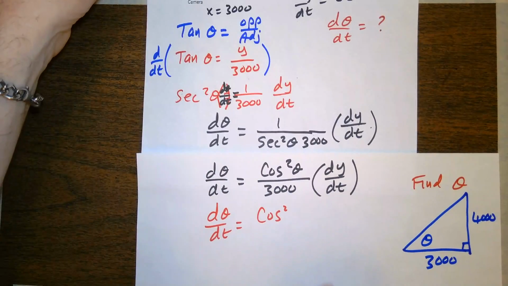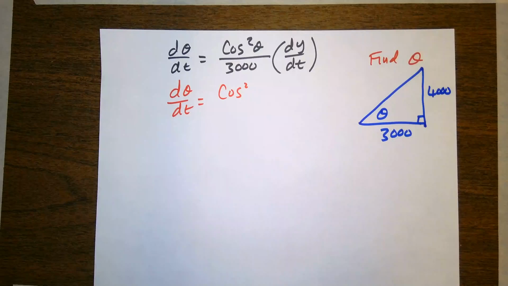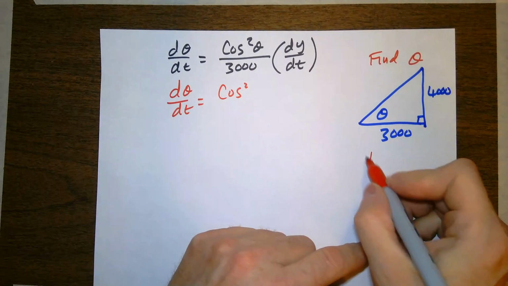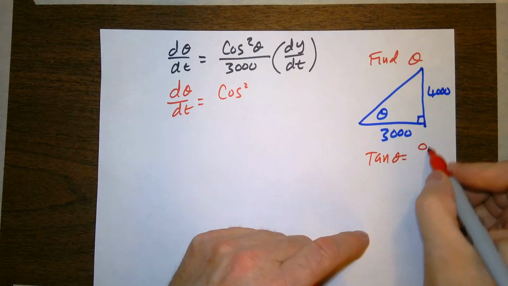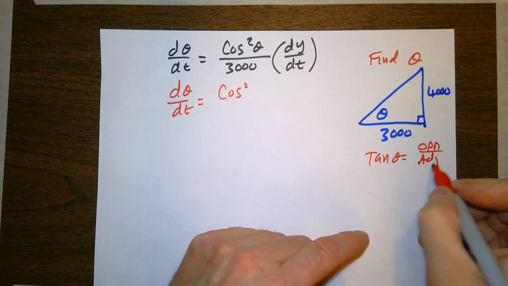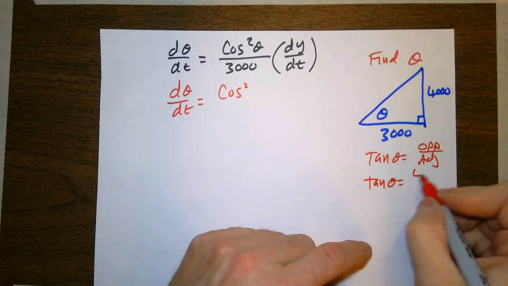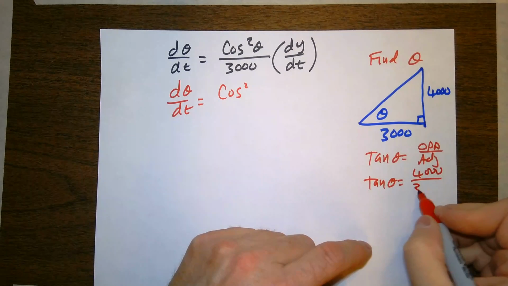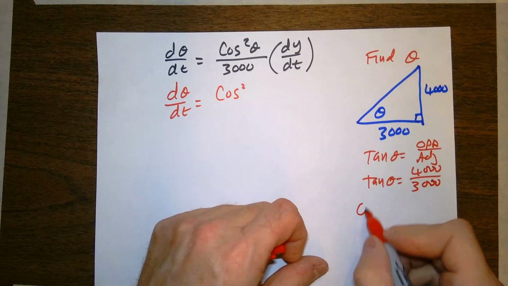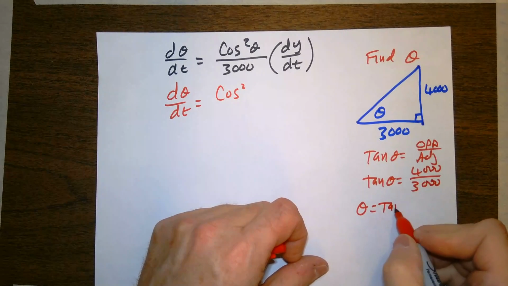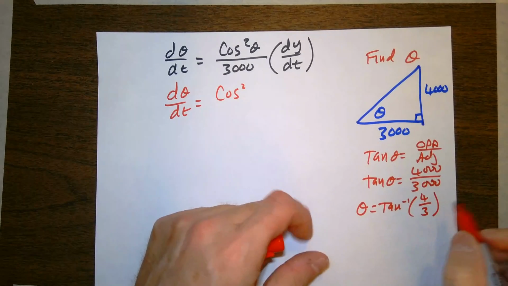And how am I going to do this? Again, I'm going to use tangent. I know that the tangent of any angle is the opposite side over adjacent. So the tangent of that angle is 4,000 over 3,000. Take the inverse tangent of both sides. The angle is going to be the inverse tangent of, simplify it, 4/3.